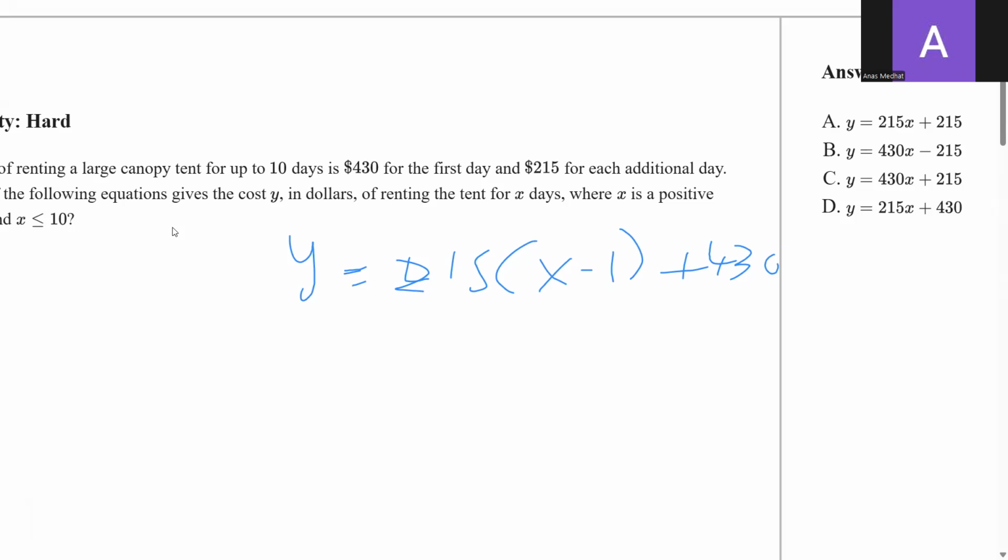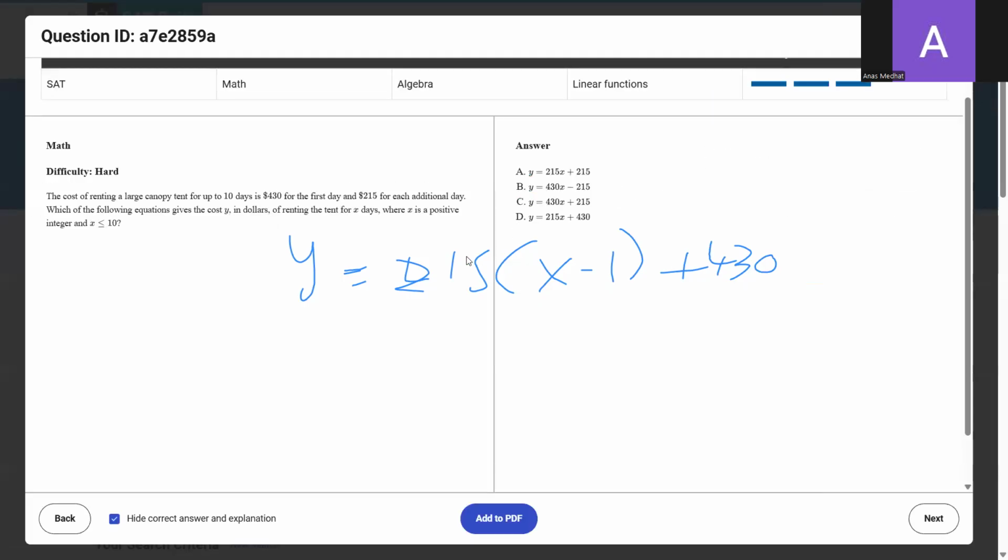So if we substitute x with 1 here, it will give us 430, the initial for the first day. But if we didn't do that, it will be added up. So we need to do that because we have in the first day a specific value which is given, 430. Now if we solve this, it will give us 215x plus 215. So the answer is A.